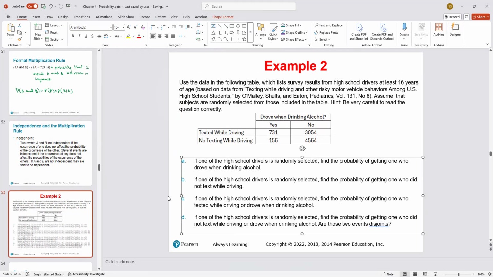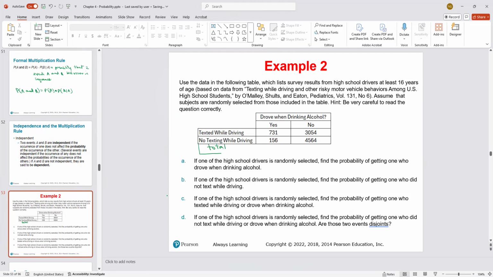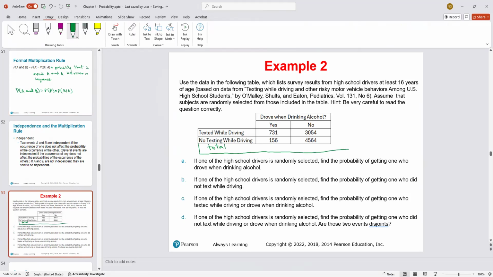Anytime you have a table like this, the first thing to do is find the row total. You need to add another row for the total. I didn't do it because I want you to pay attention to it. It's extremely important. Let's redo it.